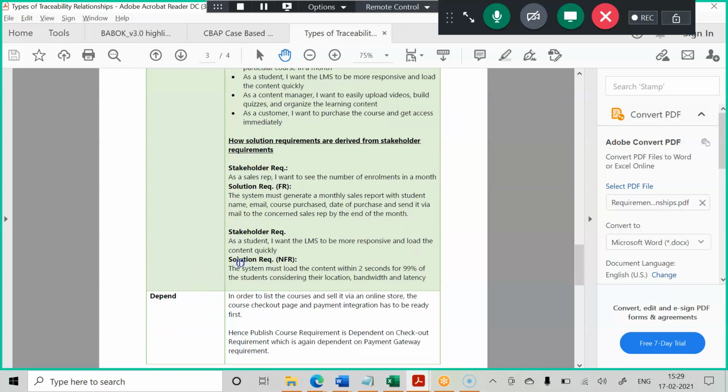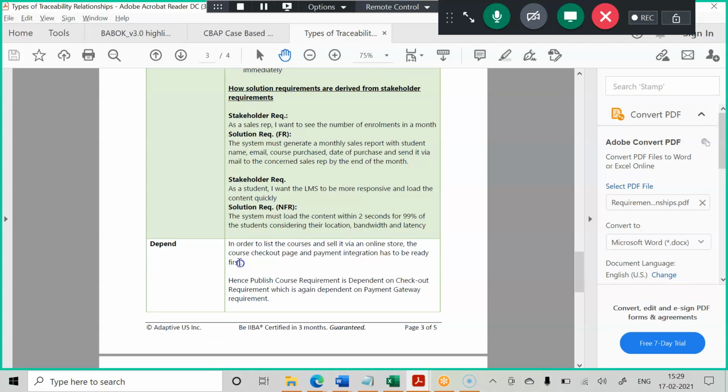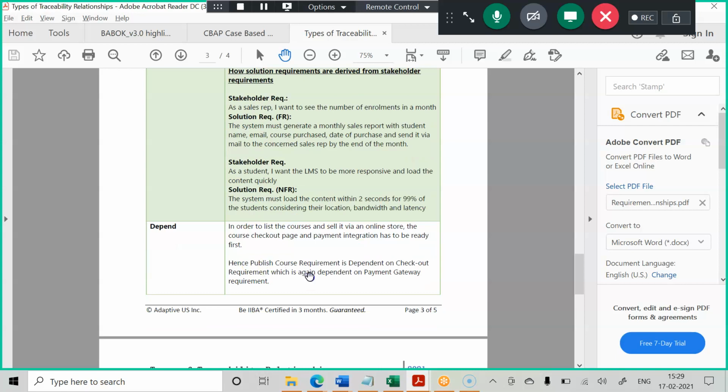Now depend is within the same level. You have two solution requirements, and without implementing one solution requirement, it doesn't make sense to implement the other. So you have some kind of dependency there. Basically, without having a payment gateway, what is the point in having a checkout page?